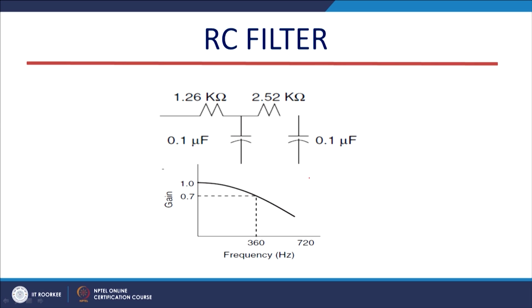This is one specific example where the RC filter is shown: these are the resistance values and these are the capacitance values, this is the gain, and 360 is the cutoff frequency. Many researchers are trying to design these RC filters for removing higher frequency components when the signal passes from the analog domain to the digital domain.